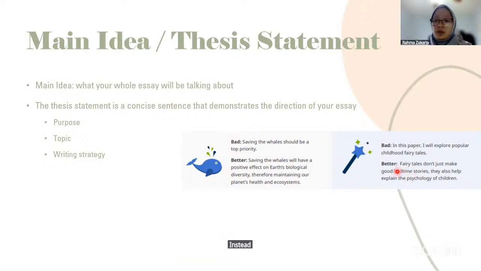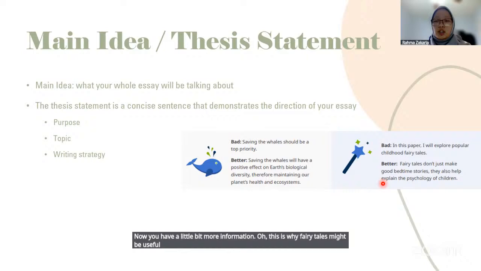Instead, if you go through that a little bit more, you'll say fairy tales don't just make good bedtime stories, but they help explain the psychology of children. Now you have a little bit more information. Oh, this is why fairy tales might be useful, or this is why I should be interested in reading this essay. Okay.